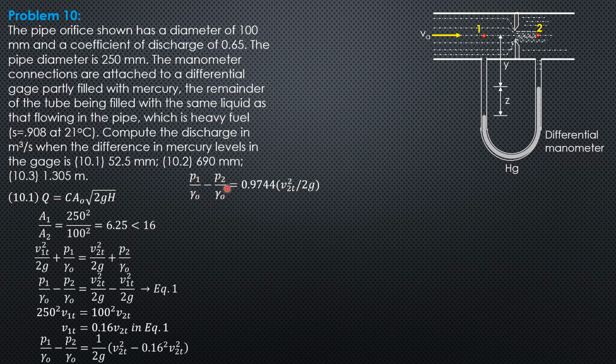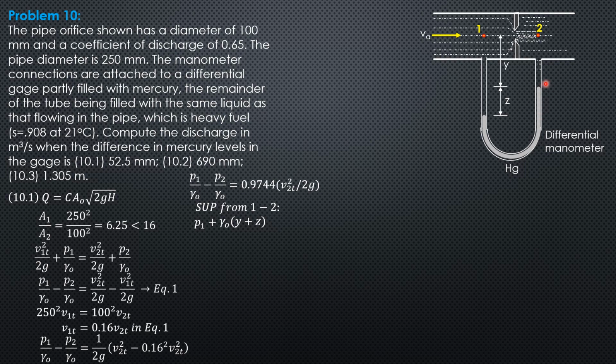Then we must find this difference in pressure heads between points 1 and 2 in terms of oil. From the figure, beginning with 1, we sum up pressure from point 1 to 2, and we pass along the differential manometer. So from 1 to 2, we have P1 plus specific weight of oil times, we go down, Y plus Z. So P1 plus gamma of oil times quantity Y plus Z. Then we jump across to this point because these 2 points have the same pressure.